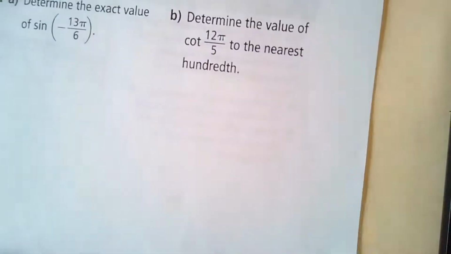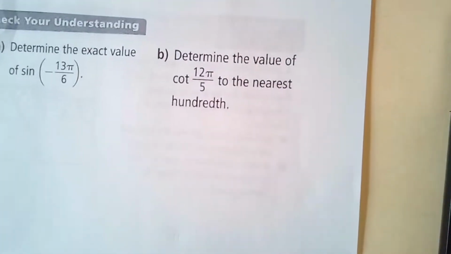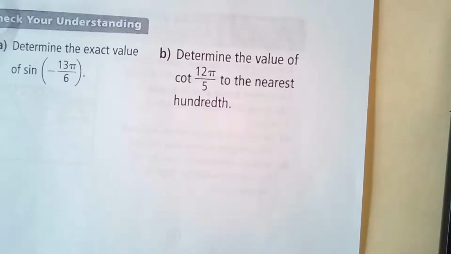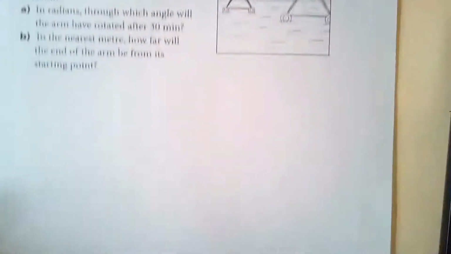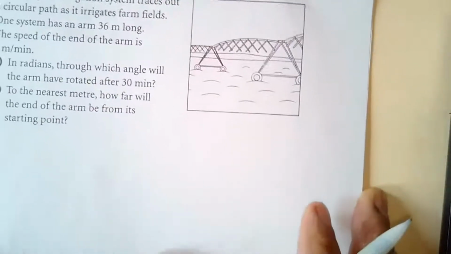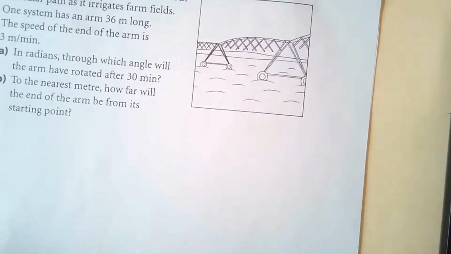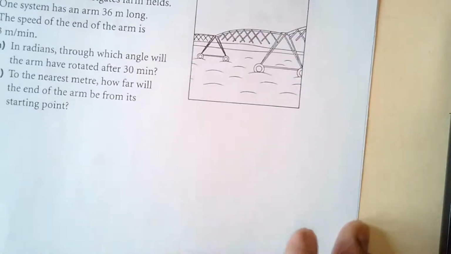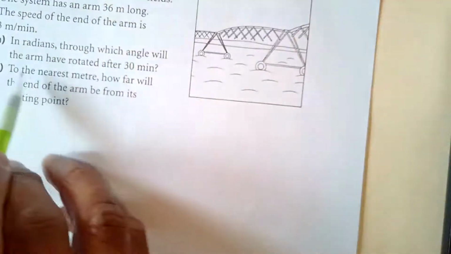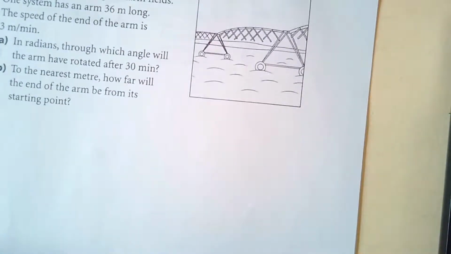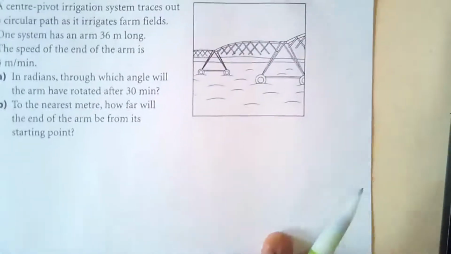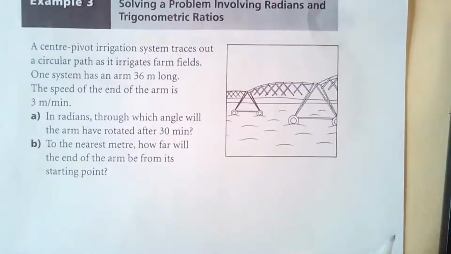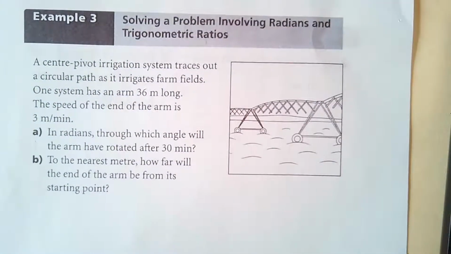So you may want to check your understanding, the practice question number 2 on page 491. Try that. Okay, we'll do one problem solving question here. We'll do part A because we're working in radians.